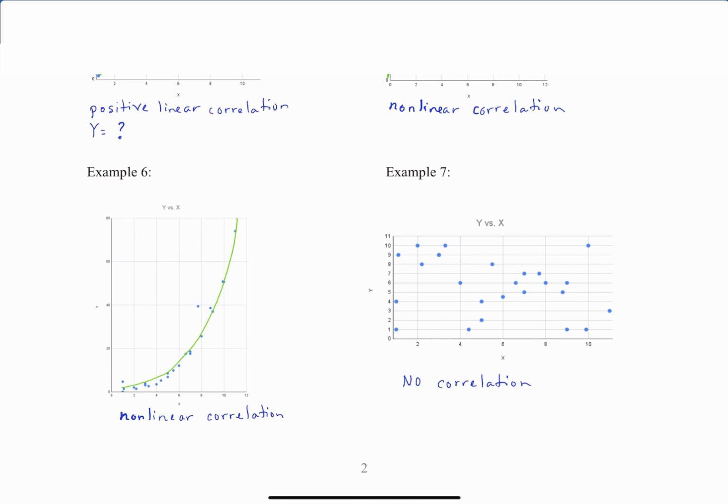And of course, what I mean when I say there's no correlation is there is no mathematical relationship between x and y.